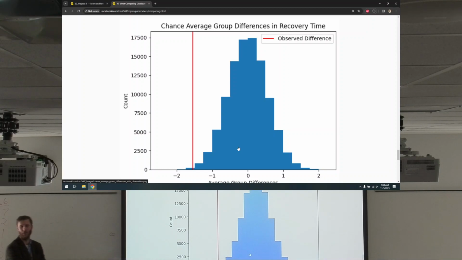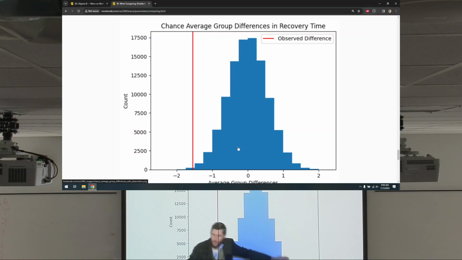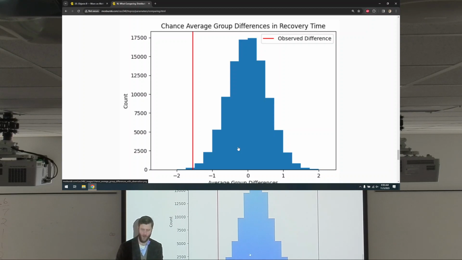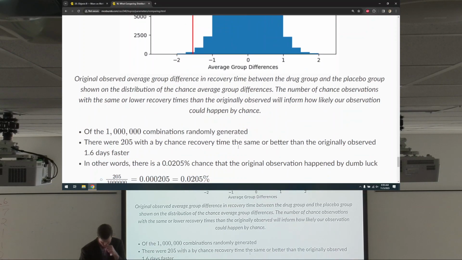In order for me to know the odds of observing 1.6 or less, that's a very simple calculation. I have a million data points on this plot. What proportion of the 1 million had a recovery time of 1.6 days faster or better? Basically, how many are here? There were 205.